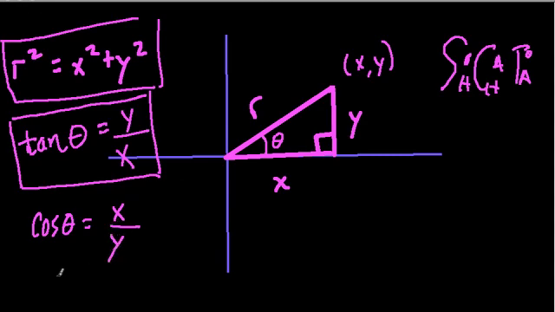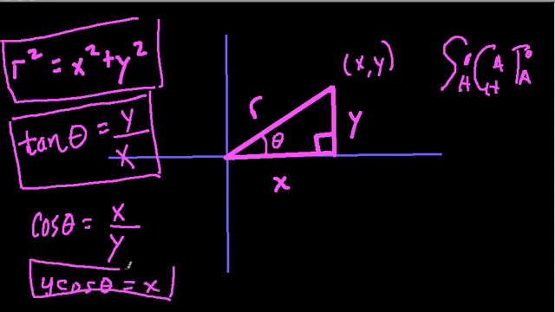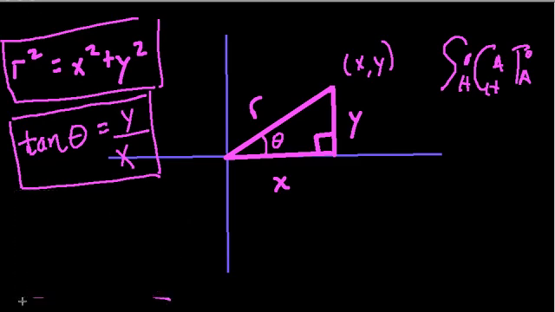Multiply both sides by y, and we get y times the cosine of theta equals x. So, there we go. No, wait, that does not make any sense. Let me go back, I'm sorry. So, cosine of theta does not equal x over y.